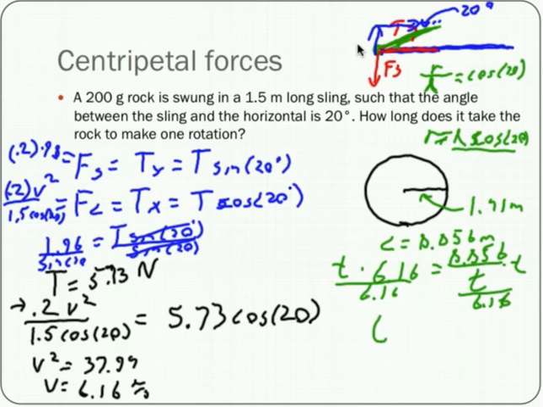And we end up with a time of this divided by 6.16, which is 1.437, so 1.44 seconds. Significant figures: 200 gram rock, just one significant figure here, so a time of 1 second rounded, really closer to 1.5 seconds to make one rotation around here.